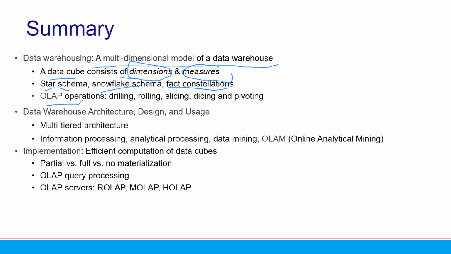The OLAP operations include drilling, rolling, slicing, dicing, and pivoting. The data warehouse is actually a multi-tier architecture, and it includes information processing, analytical processing, data mining, and OLAM, online analytical mining.